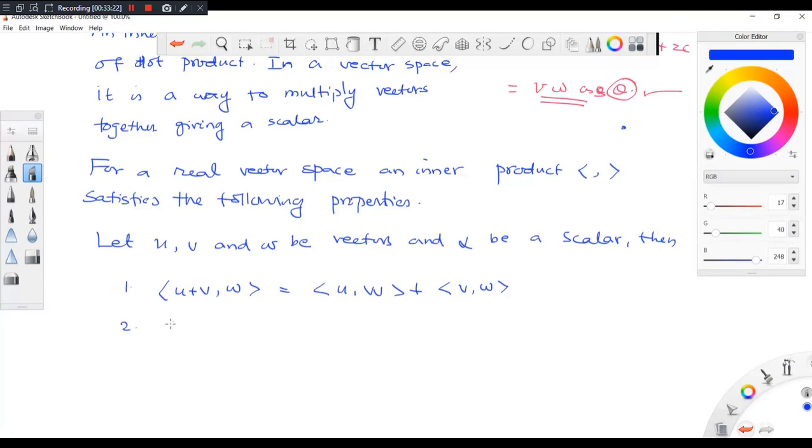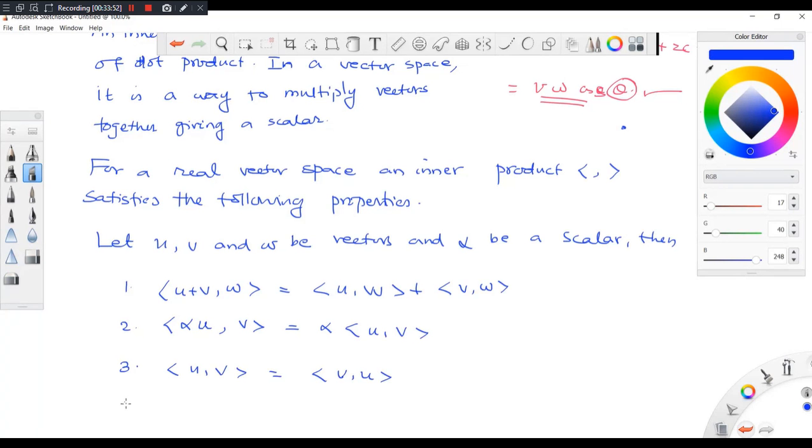Second, if you multiply the first vector by alpha and then take the inner product with v, this is as good as taking alpha outside, alpha times the inner product of u and v. This is satisfied for all vectors. Third, the inner product is commutative: inner product of u and v equals inner product of v and u.